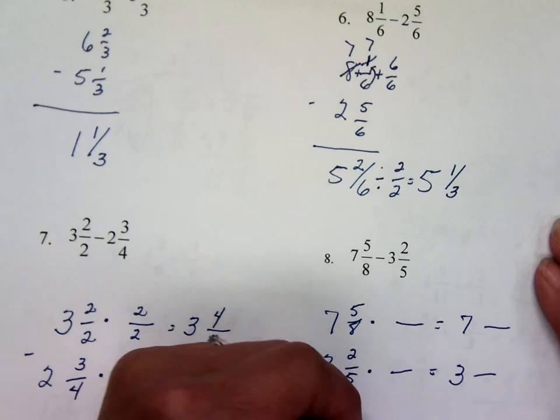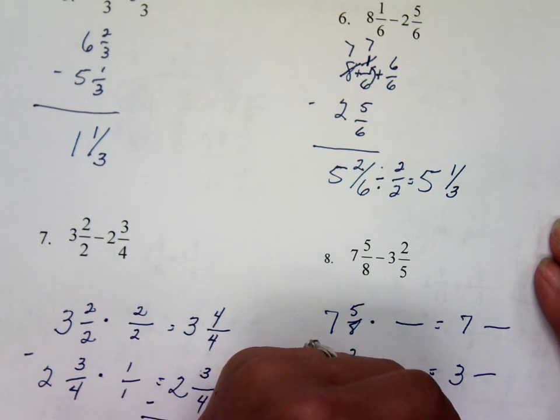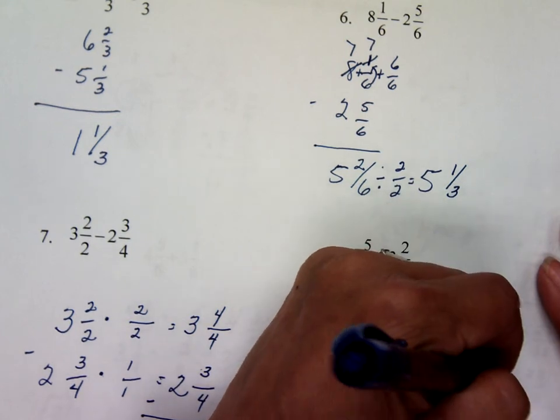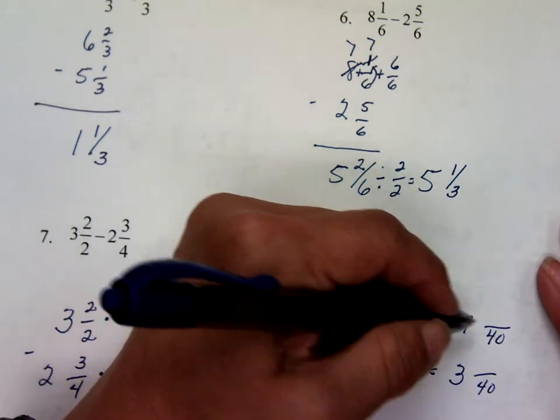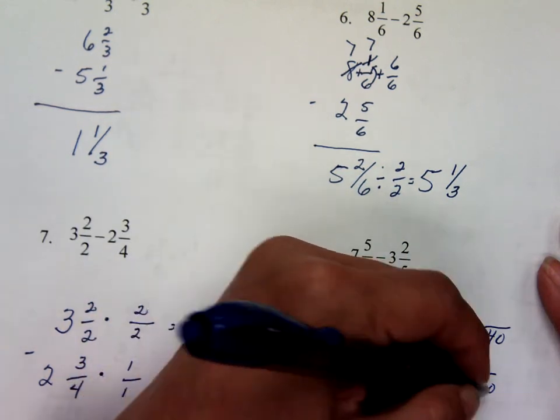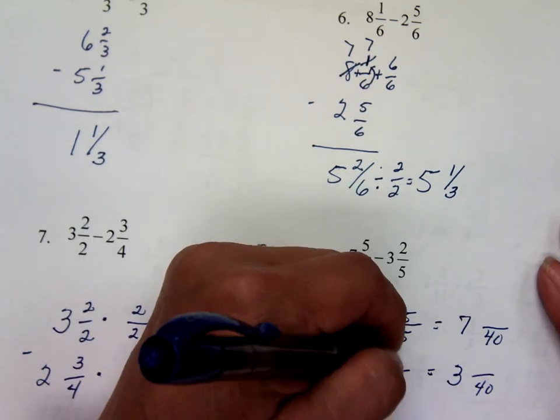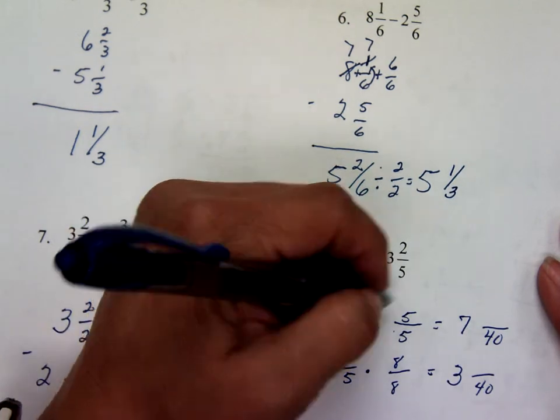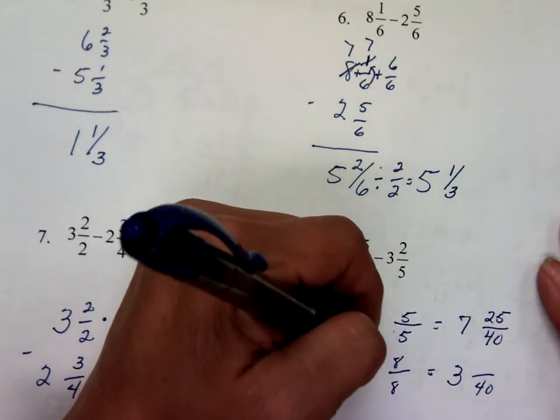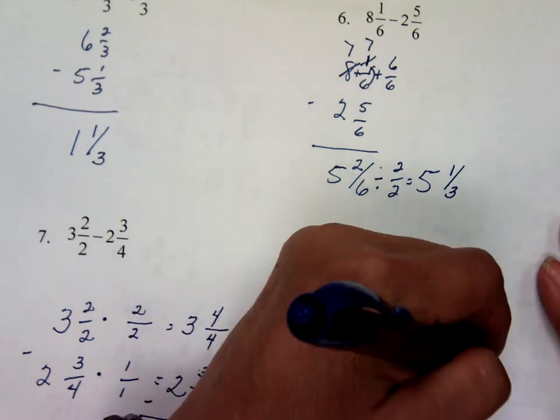A number they both go into would be 1, so you just multiply across, which means it's 40. Ask yourself, 8 times what is equal to 40, which is 5, and 5 times what is equal to 40, which is 8. Now multiply across. 5 times 5 is 25, and 2 times 8 is 16.